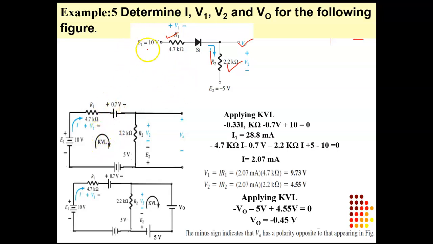Here let's see, E1 is equal to 10 volt, so a 10 volt battery will connect across this resistor, and the silicon diode will be replaced with its knee voltage, or we can say built-in voltage, 0.7 volt, and this resistor is connected here.